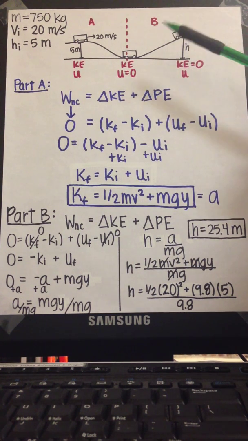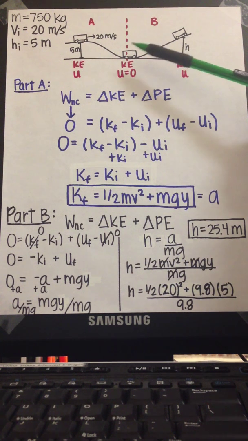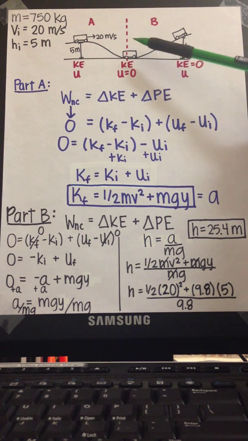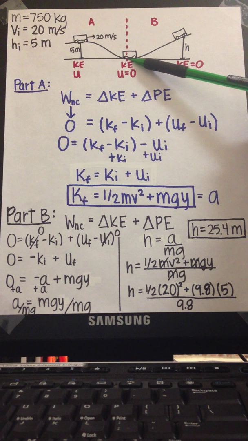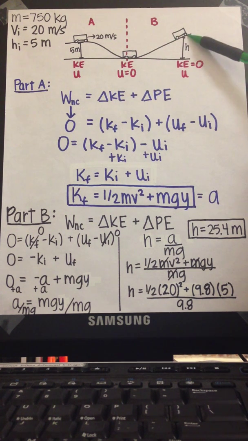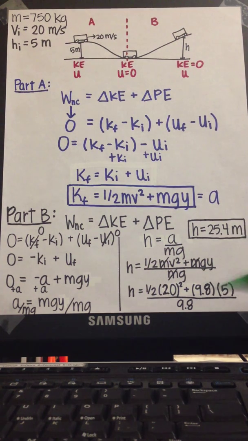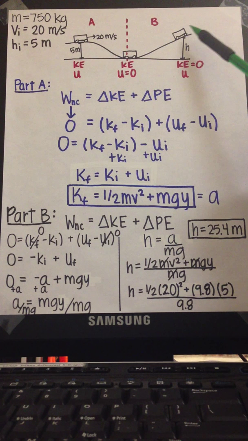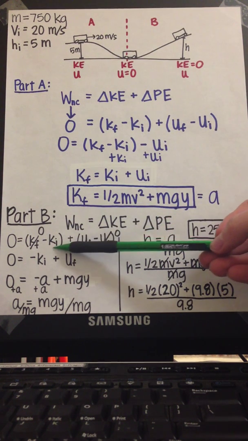So for part B, you're doing from when the car is at the horizontal, so the potential energy is zero, and goes up to the highest point that it can reach while it's coasting. You use the same work energy conservation formula, and the final kinetic energy is zero because it comes to a stop when it hits the highest point.